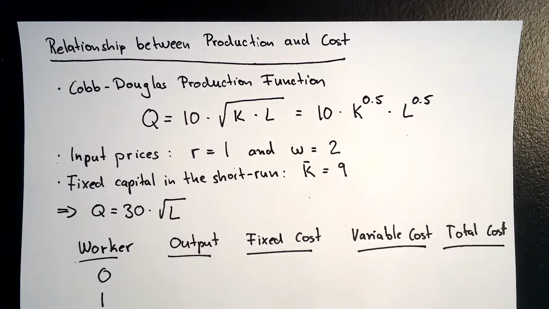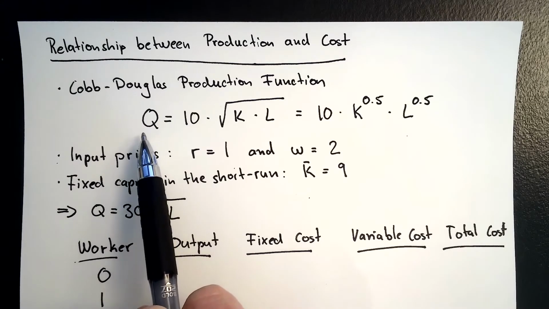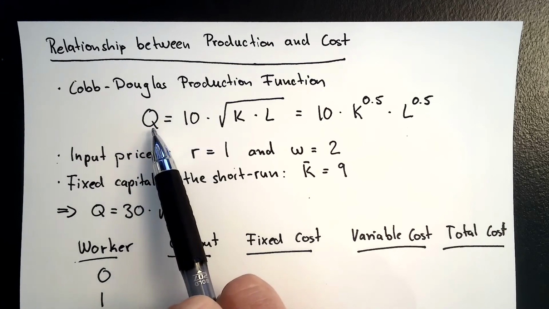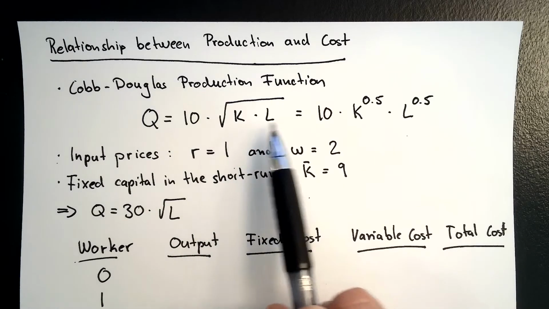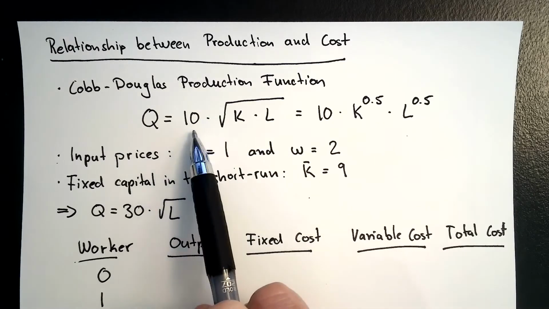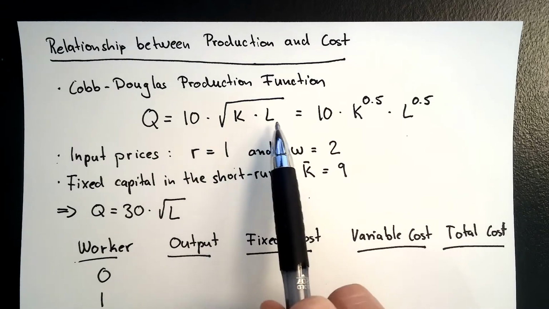Now, in the first part, we are going to look at the relationship between production and the cost function of a firm. Suppose that we have a Cobb-Douglas production function where we produce output Q with two inputs, capital and labor. Here we have K times L under the square root.